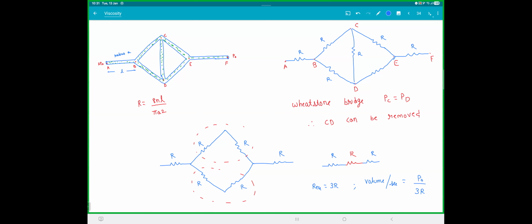So how to do for this? Listen. R, R. So this is 2p naught.